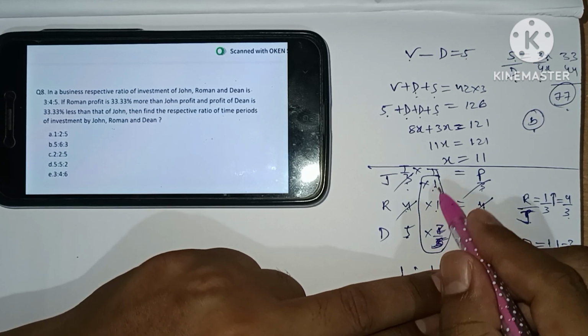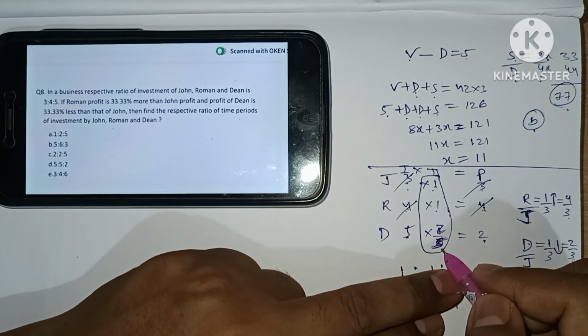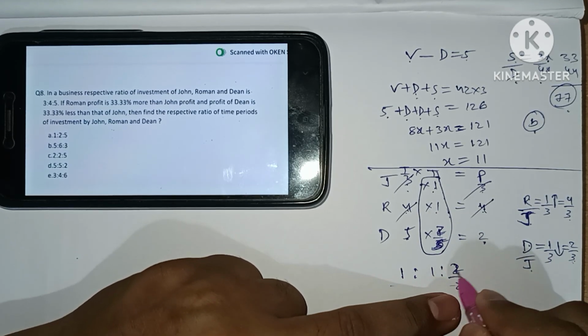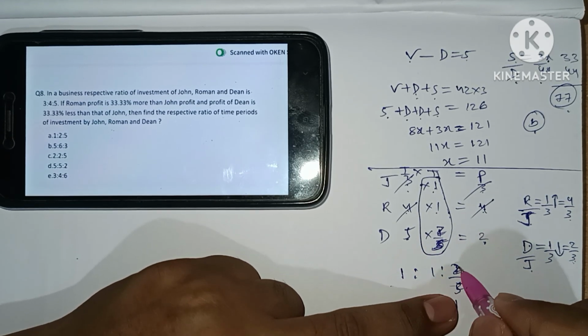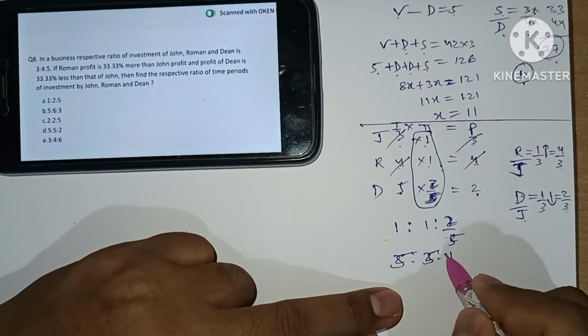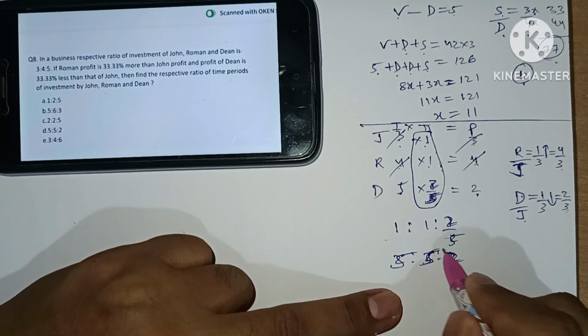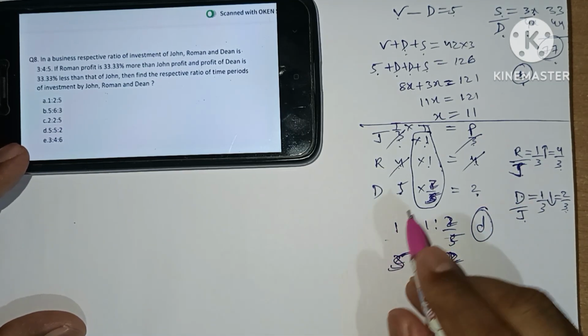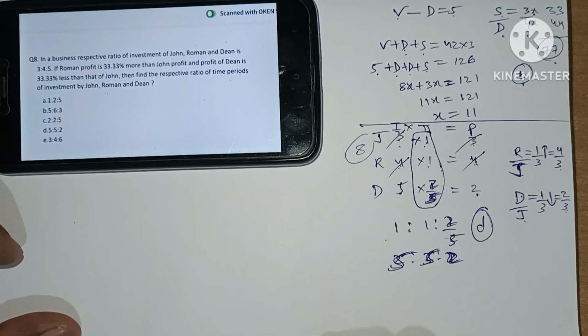So these are the time periods we got, in the ratio 1:1:2/5. So the ratio we get is 5:5:2. So this is the answer. Option D is our answer for question number 8.